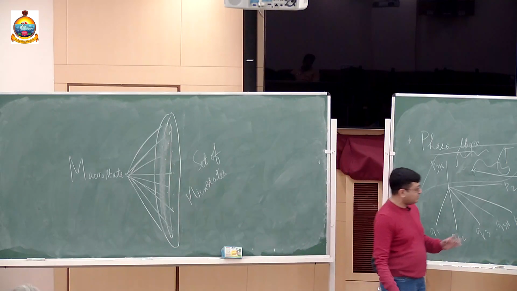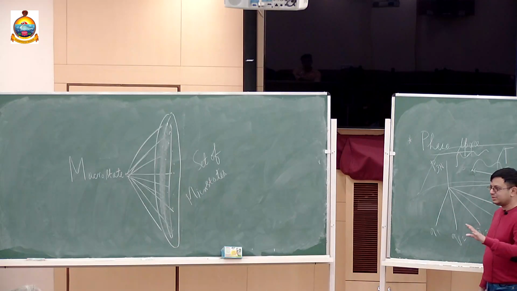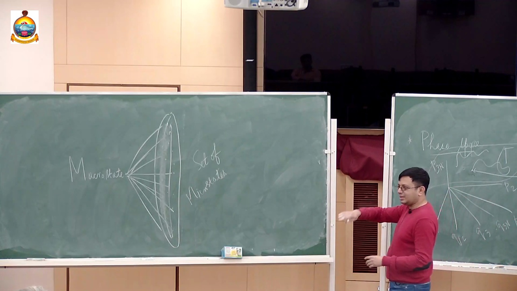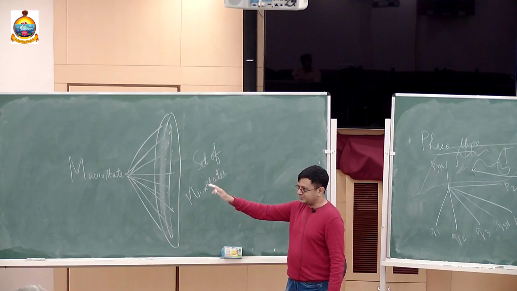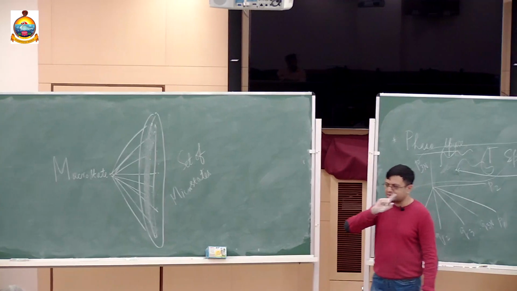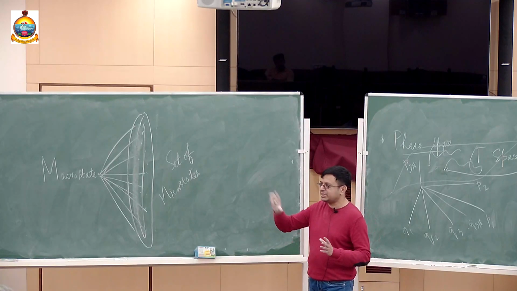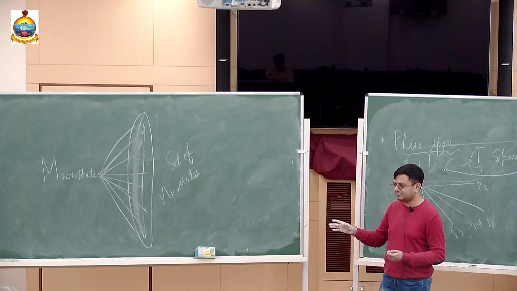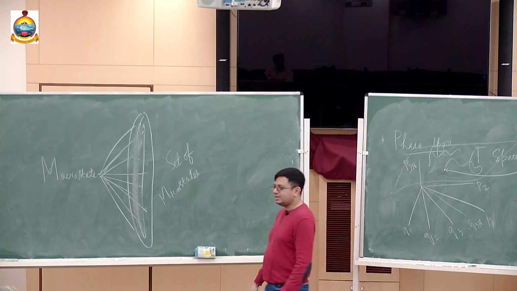A system is what is defined by the macroscopic values of these measurable quantities. You tell me the height, the skin color, the weight, and so on, and that's my system. So there is just one system. In some books, and I think in Huang also, the different microstates are referred to as different systems. I think it's a bit confusing. They are not different systems. It's just one system.